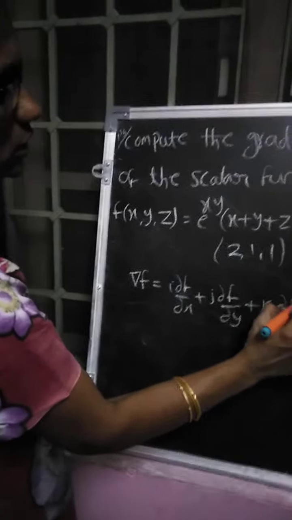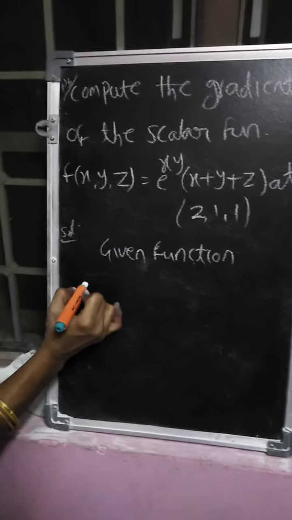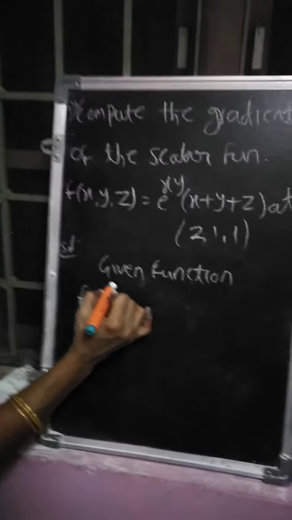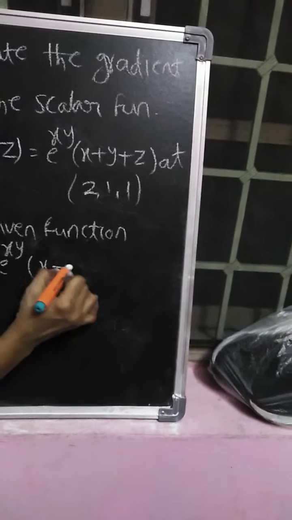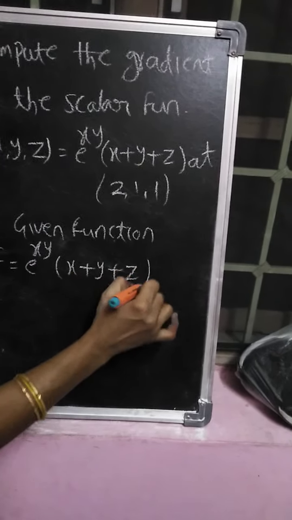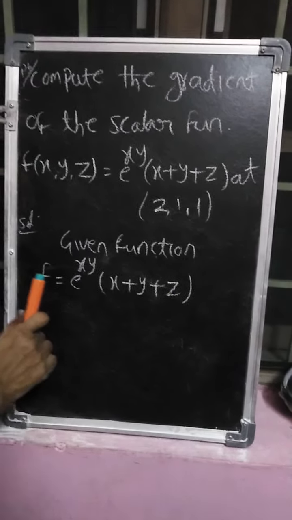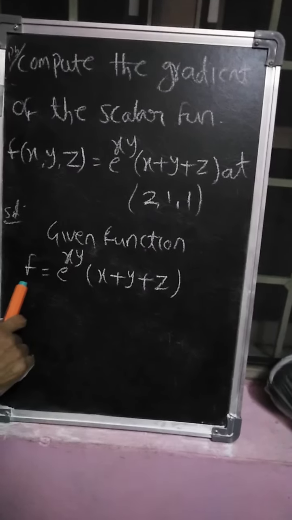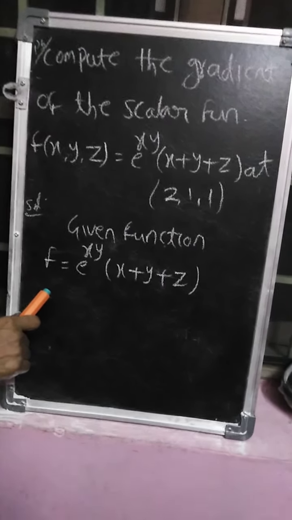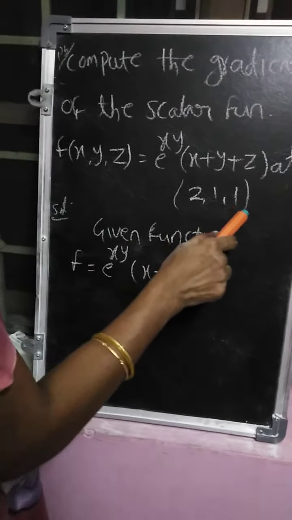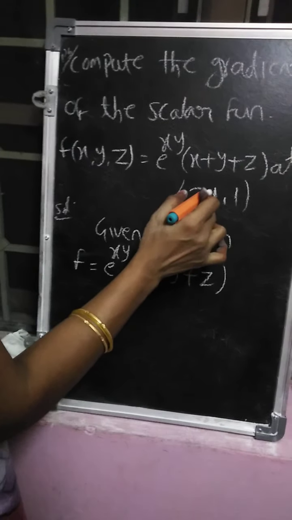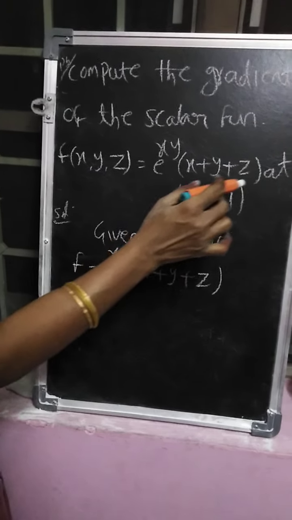So the given function f is equal to e power xy into (x plus y plus z). First we find the grad f value, then at the point (2, 1, 1) we substitute 2, 1, 1 in place of x, y, z.